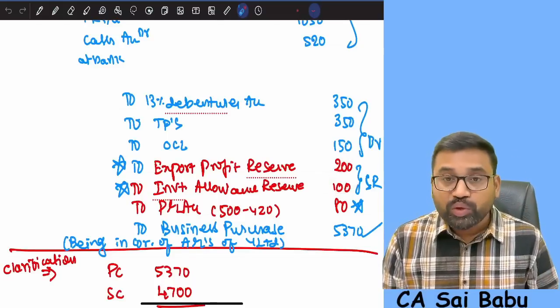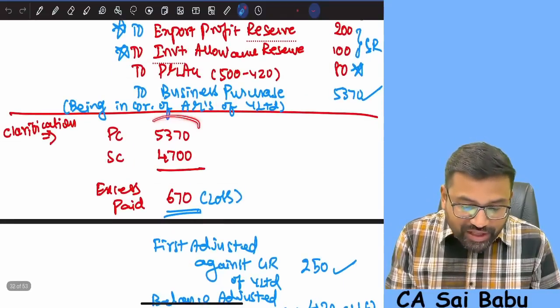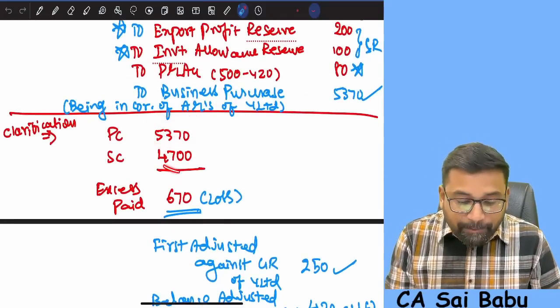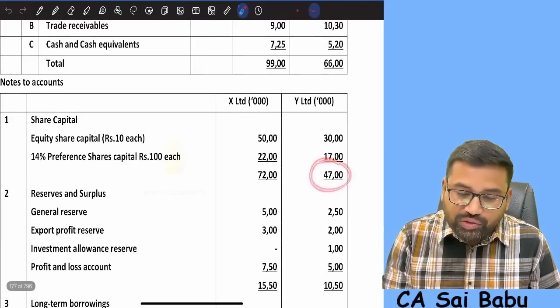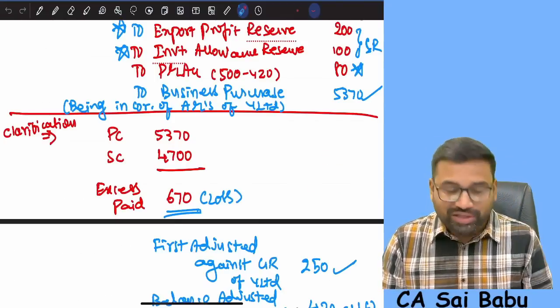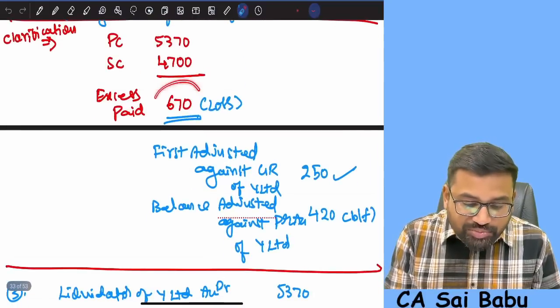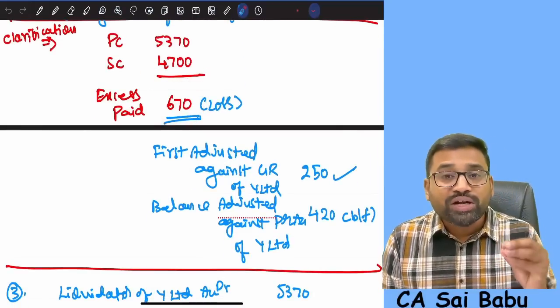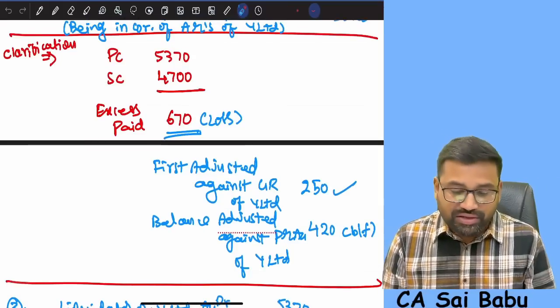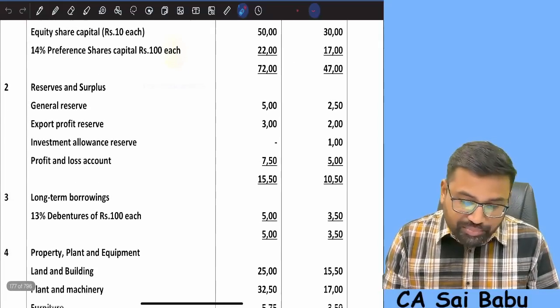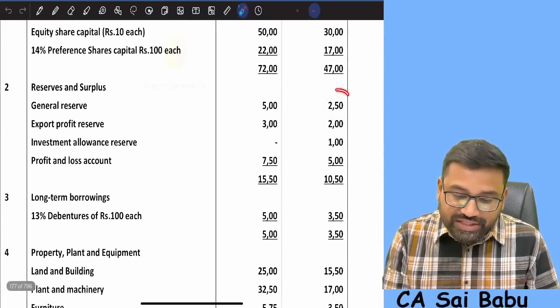And if it is the pooling of interest method, I told you, PC we are paying is 5,370. We need to compare with the share capital of the transferor company. What is the share capital of the transferor company? 4,700, because that is exactly the worth of the business we are taking. That means our PC is more than share capital, a 670 loss. Now I told you, this loss is first adjusted against the free reserves of the transferor company. What are the free reserves? General reserve is there, 250, adjust.